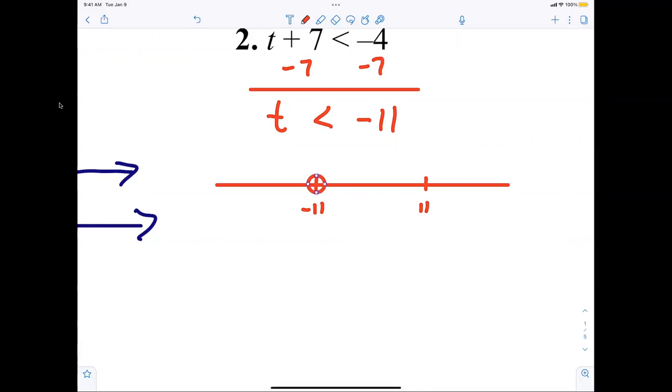And then less than is always to the left. Greater than is to the right. And that's the answer to number 2. Nothing different. We do one-step equations and we just have to graph.